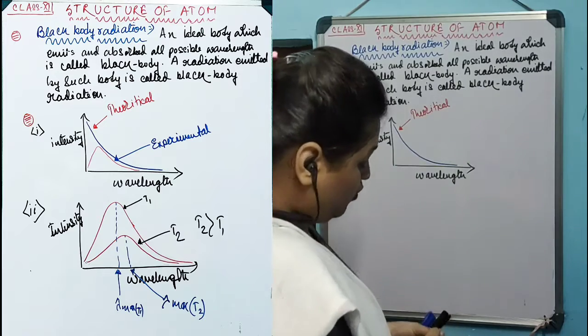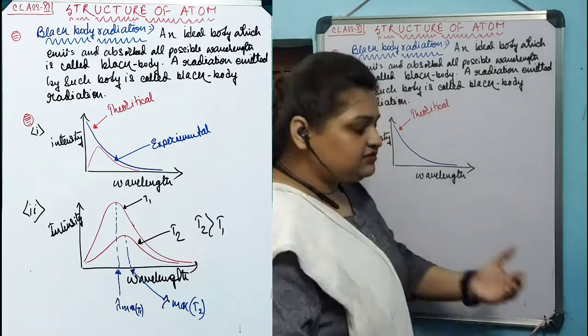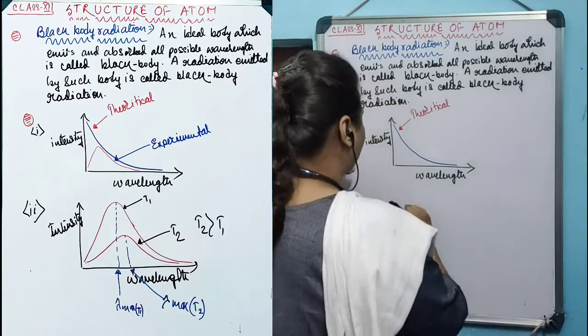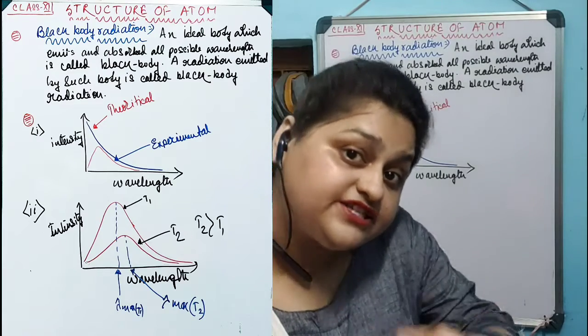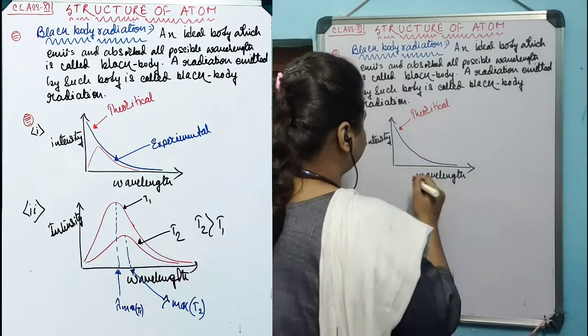But when they did the experiment and tried to plot the same graph, intensity versus wavelength, with the help of experimental data, they found the graph to be like this.